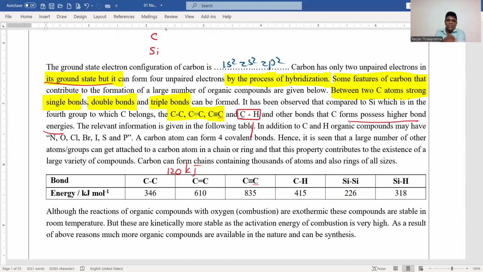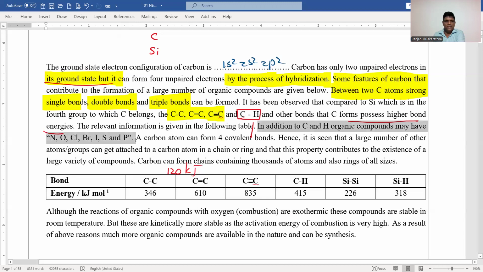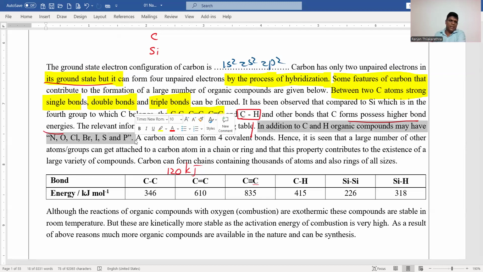That's why carbon forms more compounds. And in addition to carbon and hydrogen, organic compounds may have nitrogen, oxygen, chlorine, bromine, iodine, sulfur, phosphorus, and some more elements. That means carbon can combine with many other elements.